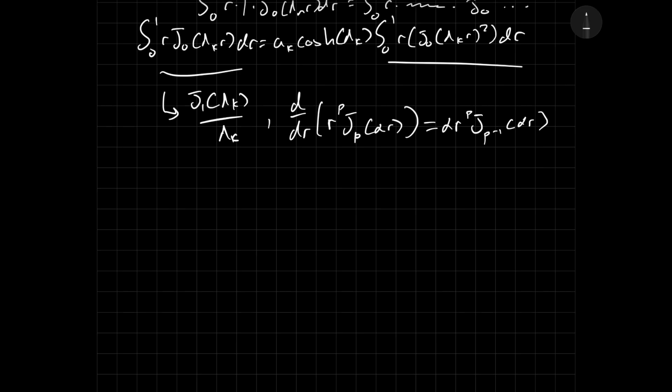Alright, now to solve the right-hand side. The right-hand side is essentially the same. Let's call this RHS, where RHS is the integral from 0 to a, and it's going to be whatever we did before, r squared.